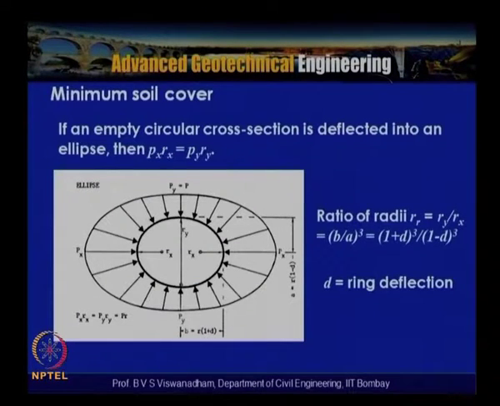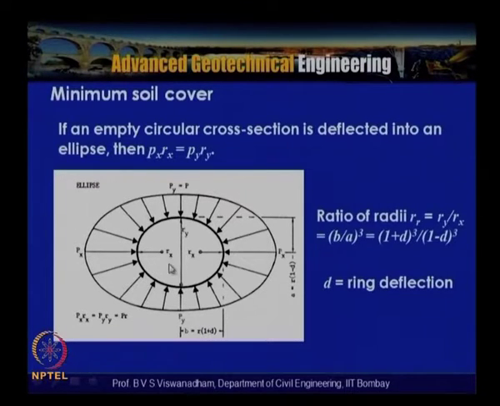So in the computation of this minimum soil cover, if you have an empty circular cross section of, let us say, diameter capital D, and it is deflected into an ellipse, the elliptical pattern of deformation is shown here.